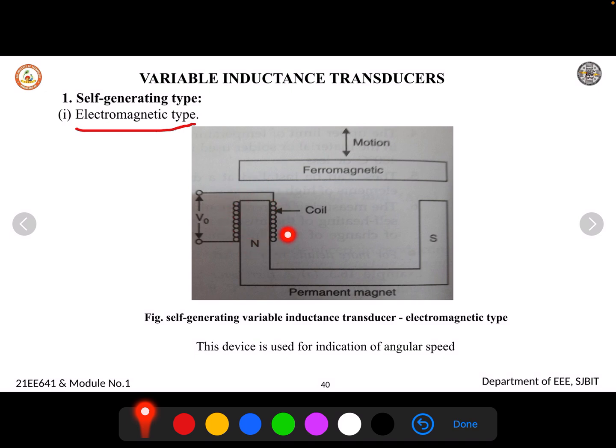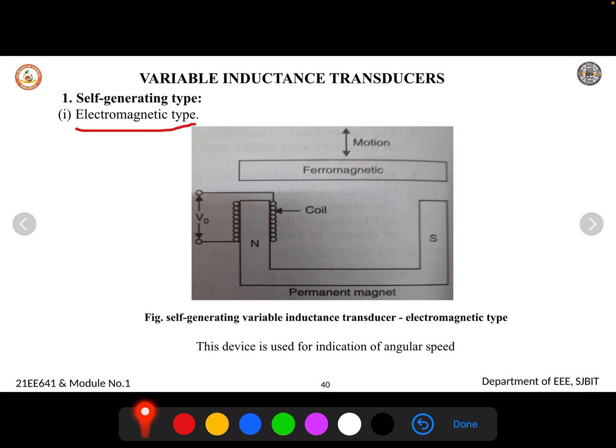There is another part called a ferromagnet, which is the other part of the entire core, where you can see the magnetic field path will be completed through this ferromagnet and the permanent magnet. Whatever mechanical input is to be given, with respect to displacement or velocity, has to be connected to the ferromagnet.